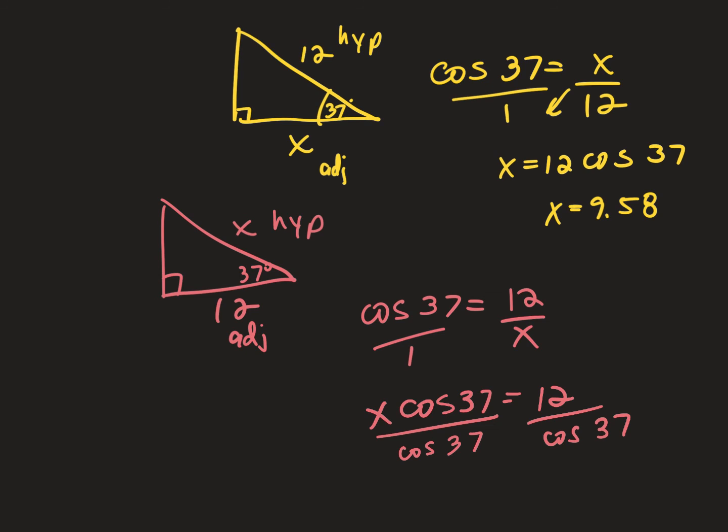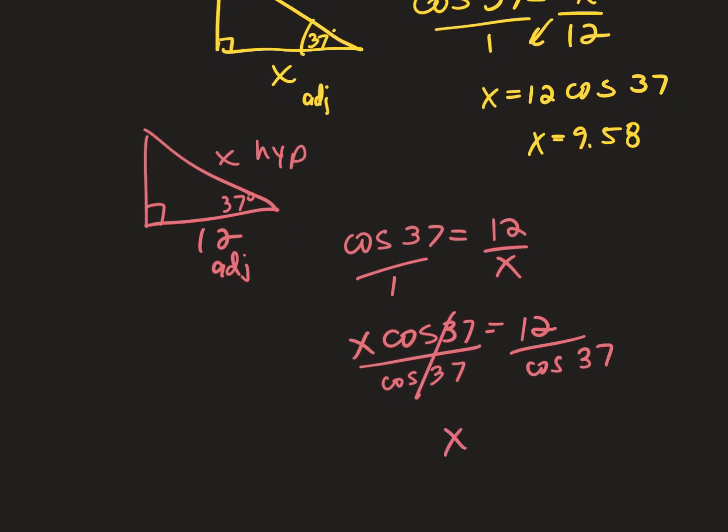This just says x times cosine 37, so you're going to divide. So here we get x equals 12 divided by the cosine of 37. Do it in your calculator. 15.02. Same information, same angle of elevation, but we were looking for a different piece of the triangle, so our answer is different. Our setup was just a tad different. Your variable was in the denominator versus the numerator.